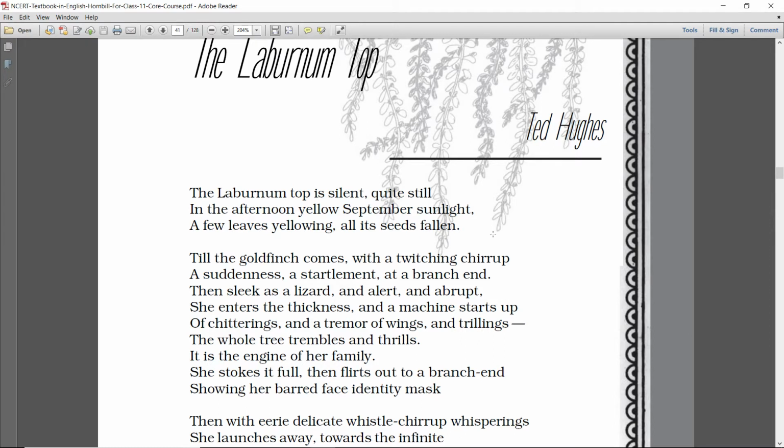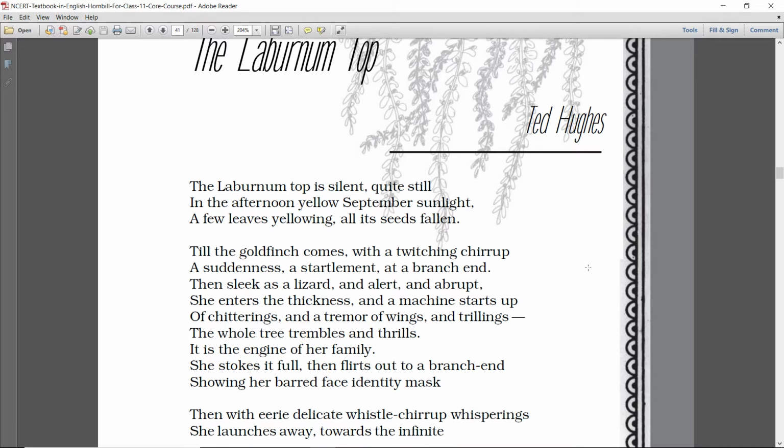It is quiet. It has turned yellow and no action or no activity is going on the top of this tree.